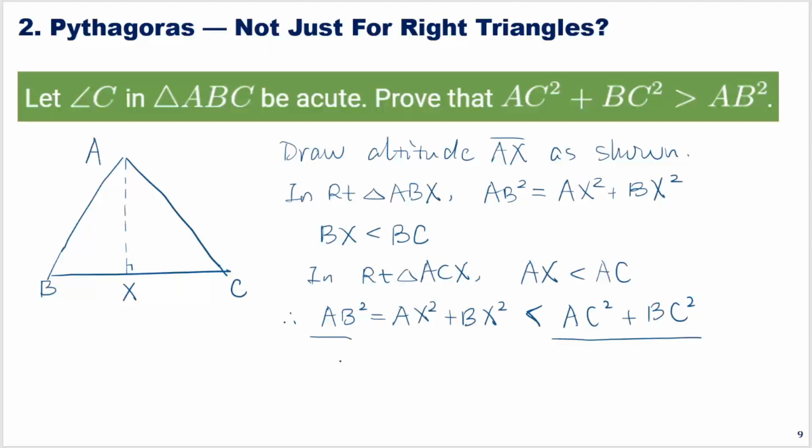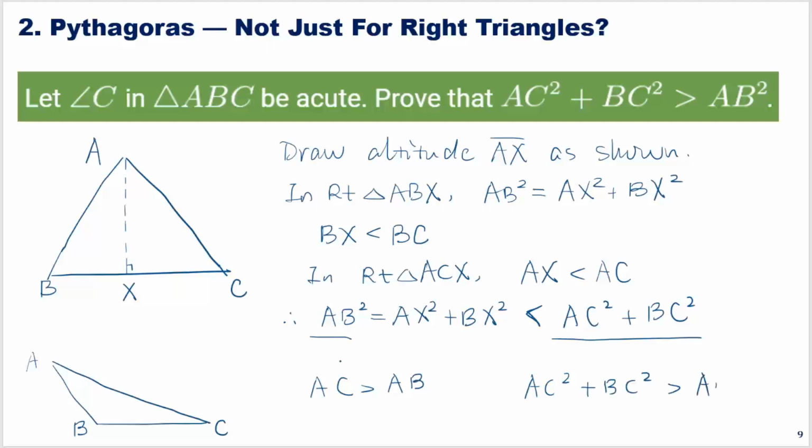However, in that case, we have AC is larger than AB. So obviously, AC squared plus BC squared must be larger than AB squared, right? What I mean here is if angle B is obtuse, like this, then obviously we have AC is larger than AB, right? So we have AC squared plus BC squared must also be larger than AB squared in the second case, right?